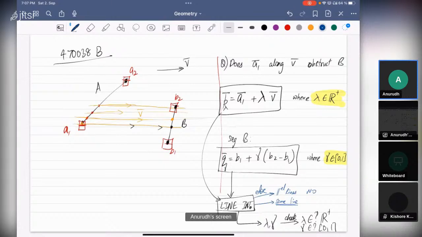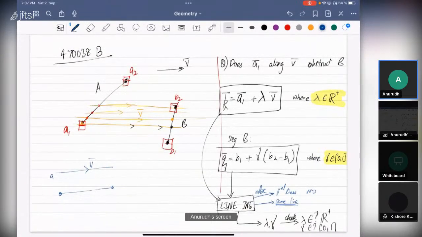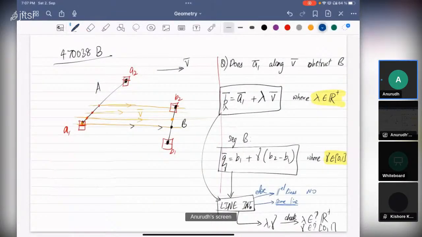in the initial problem. So if the lines were parallel but not the same, that means that starting from A and going along V, B is just something over here. So there's no issue, you just say no, they don't hit. But if they were the same line, they lie on the same line.